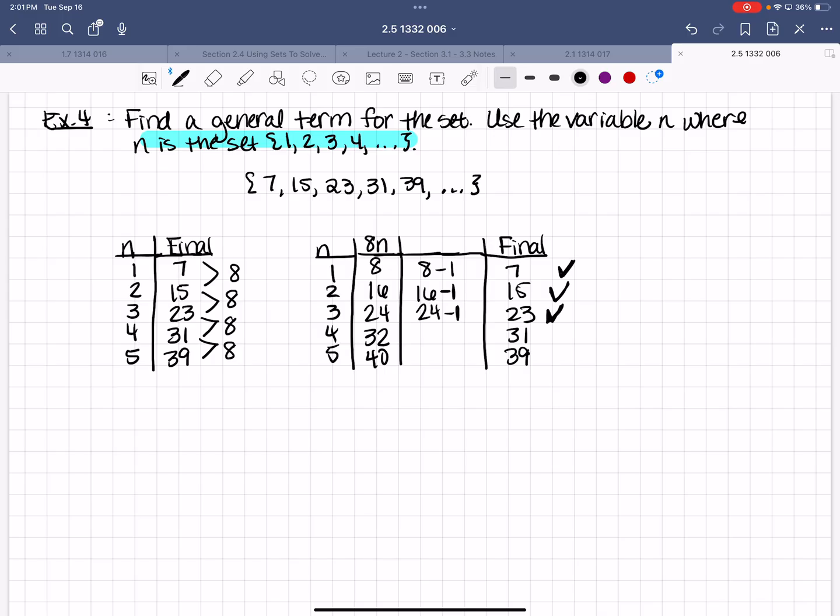Yep. 32 minus 1. Yep. And 40 minus 1. Yeah. Okay. So this was really 8n minus 1, right? Okay. So my general term is 8n minus 1. That's your answer.